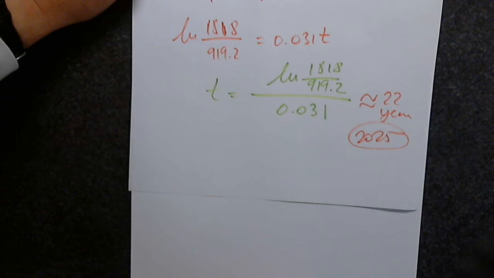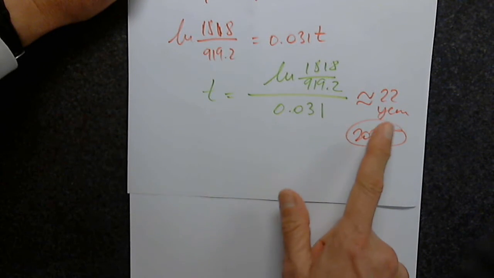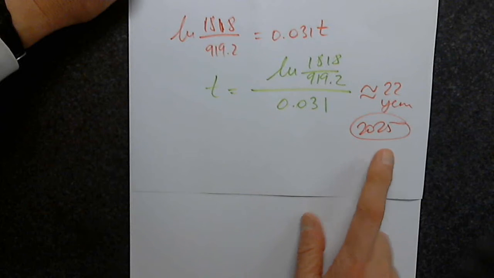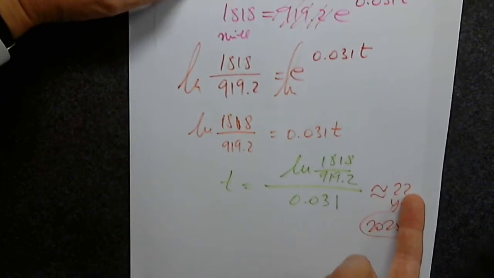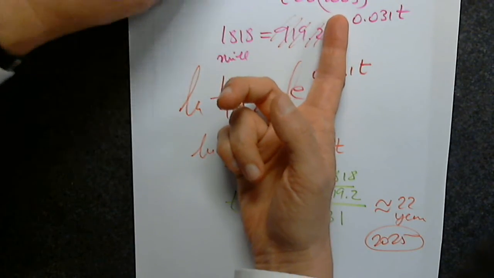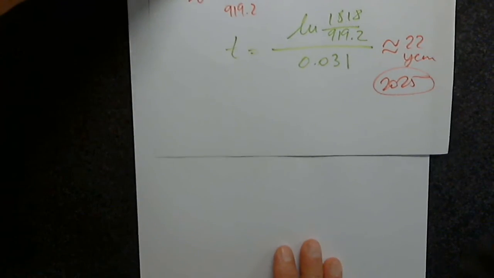So if T equals 0, which represents 2003, then the 22 years will represent 2025. If you add 22 years to 2003, you will get the year 2025. Better? Perfect. Okay, next question.